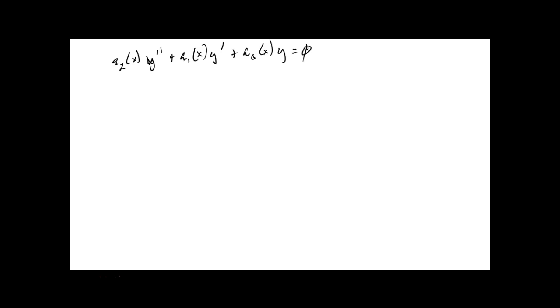Here's example 1. That's a lot of blah, blah, blah, and it sure seems like there ought to be a simpler way of stating it. So here is a solution: y1 is equal to e to the x. That is a solution to y double prime minus y equals 0 on the interval minus infinity to infinity.